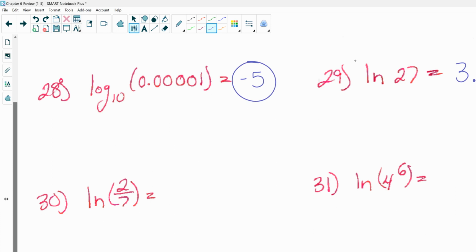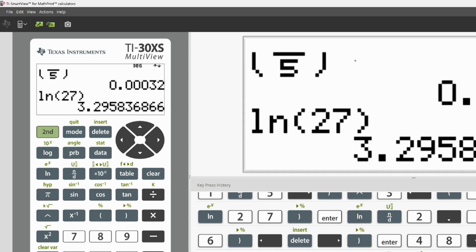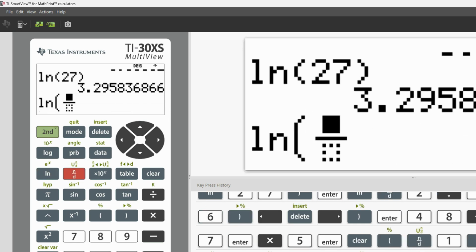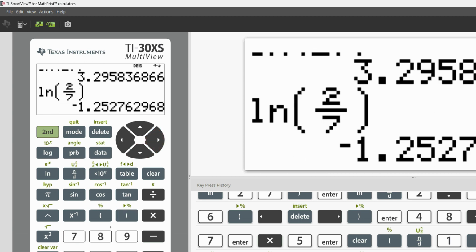If you're not sure, give me more spots. That's not going to hurt you. And with most of these, I would type it in exactly as you see it. ln of 2 over 7. I wouldn't replace a single parenthesis or whatever the numbers are. Just type it in as it shows up and let the calculator do it.